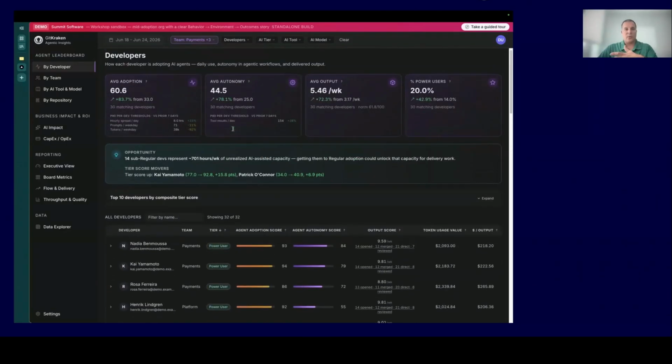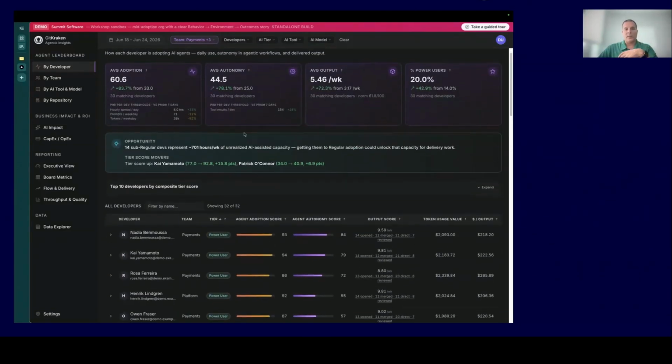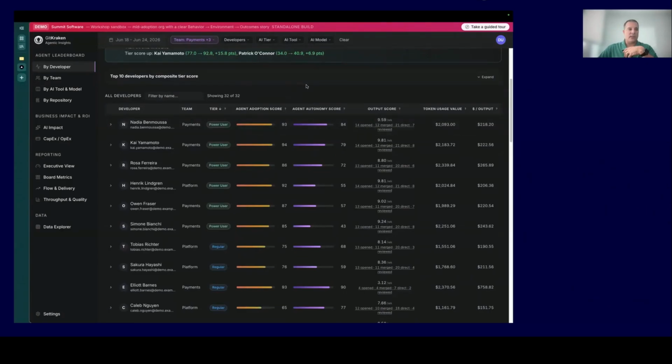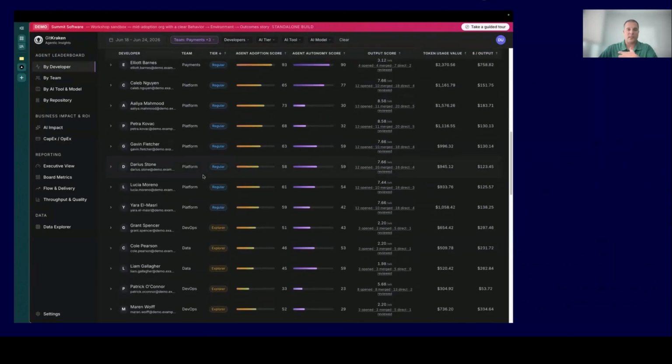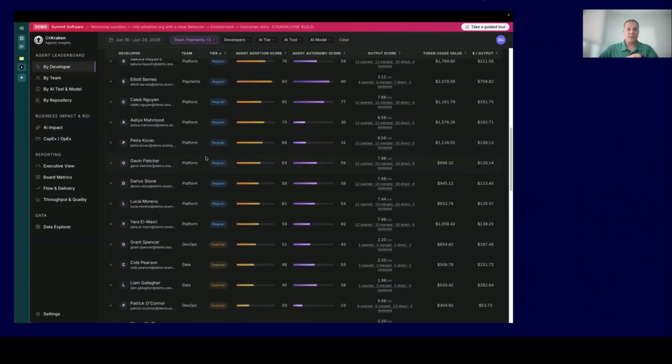But if you ever do question not only this bubble up aggregation, we can go down and drill in and start looking at other details. The members of this team, I can see their individual tiers. Those are the actual engineers who are the champions. Contrast them against some of the other adopters who are somewhere else on that spectrum, whether they're exploring or trying it out or using it consistently, but maybe not as high as some of their power users.